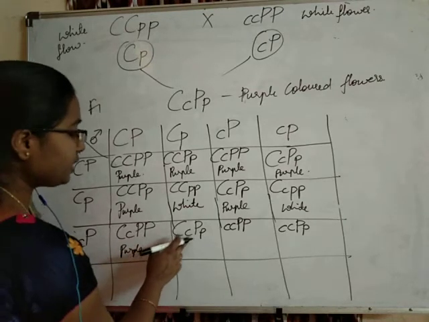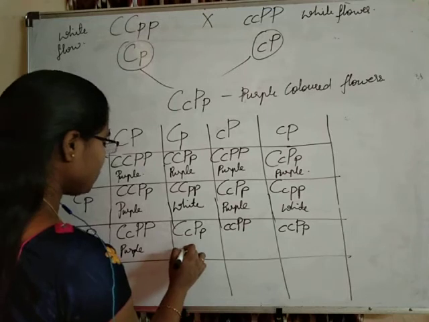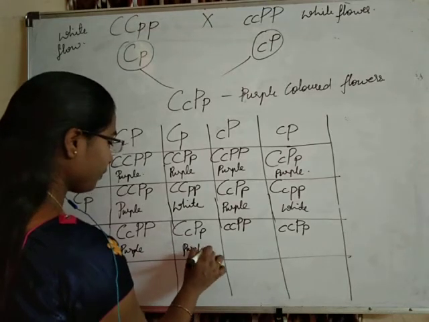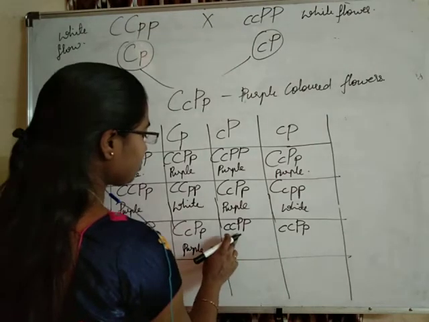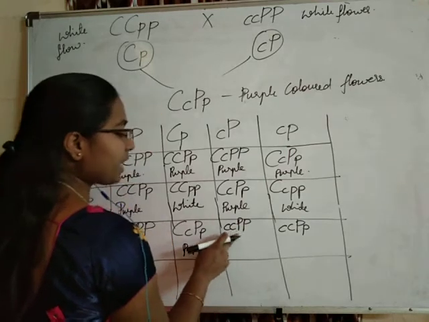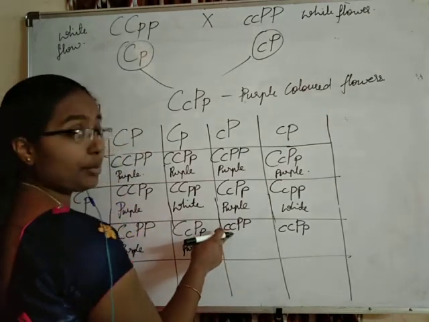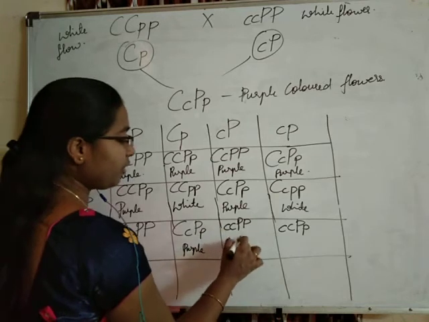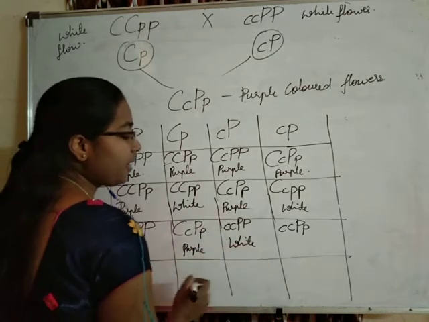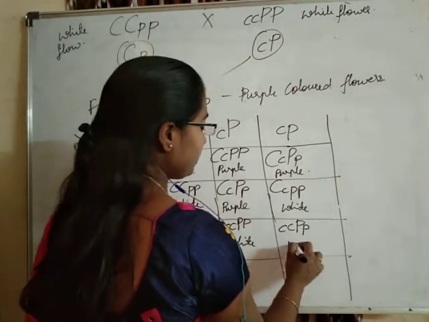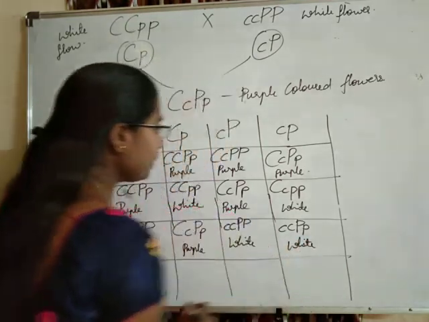Capital C, capital P both are present, so this will also be a purple flower. Here we have capital C, small c, but both capital P's are present. Because capital C is not present, this will be a white flower only. Two small c's are present, so this will also definitely be a white flower only.